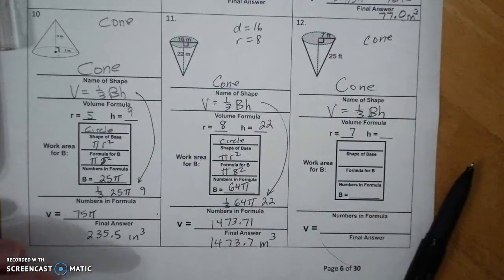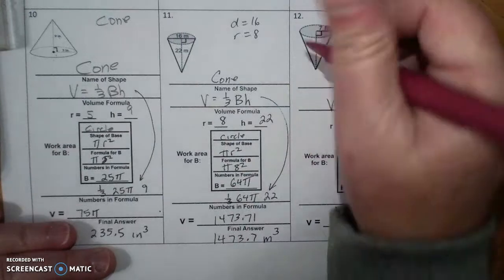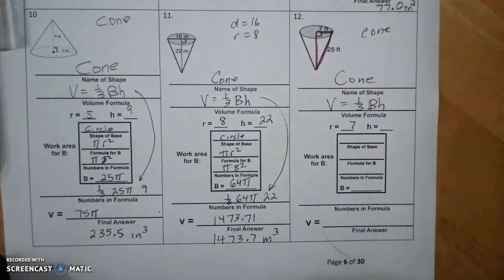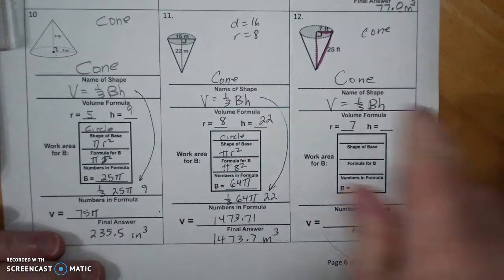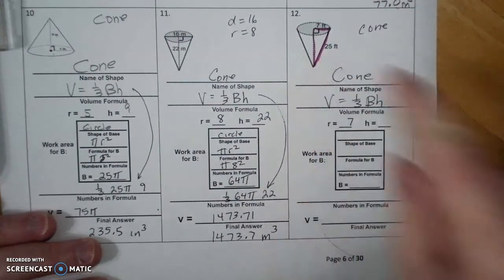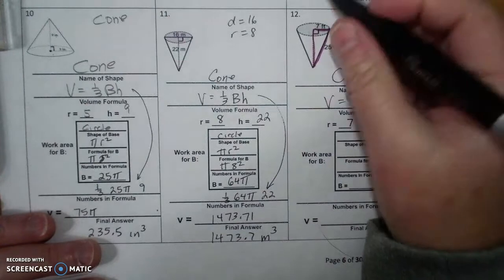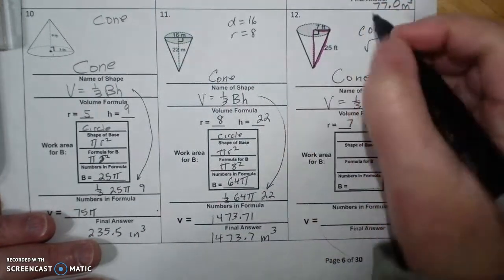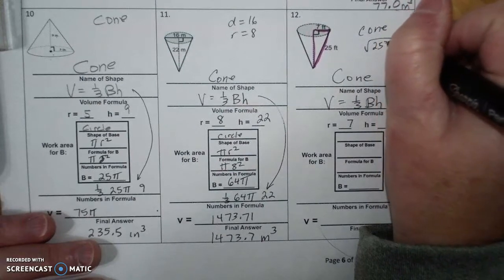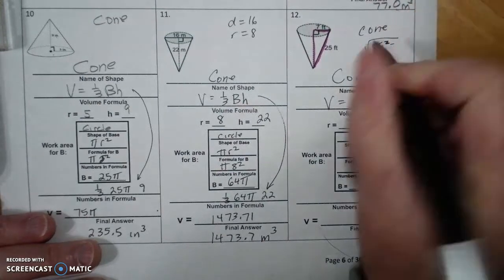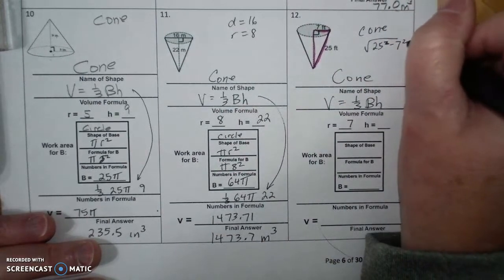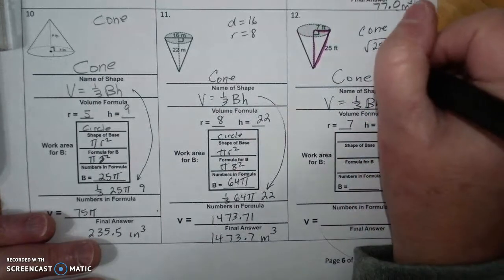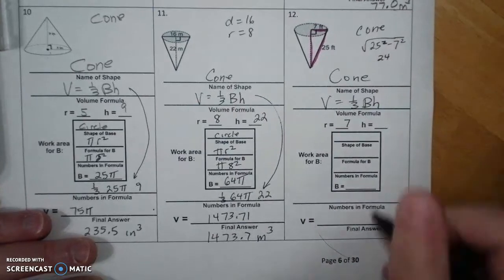If you notice, there's a shape hidden in here of a right triangle. This is not my height. If it's a right triangle, I have a hypotenuse. So I'm going to do 25 squared minus 7 squared, and that becomes 24 when I calculate it out.